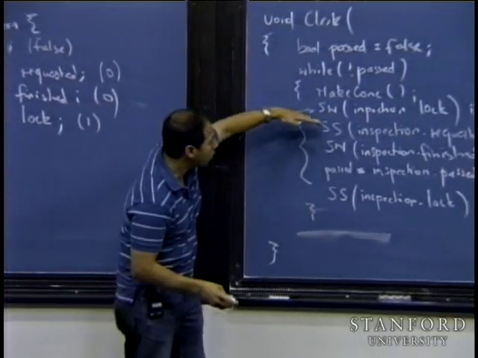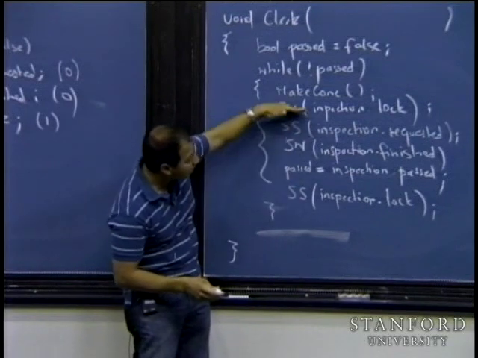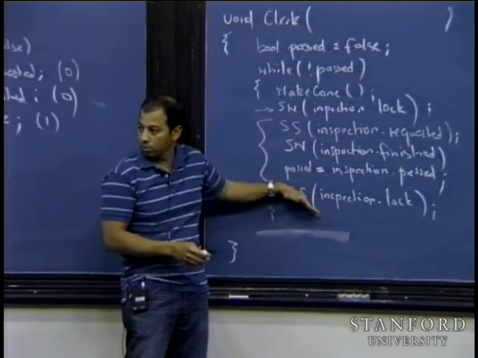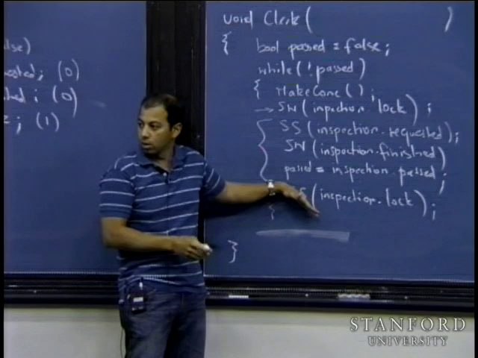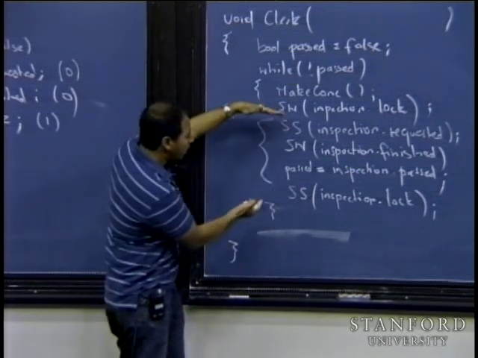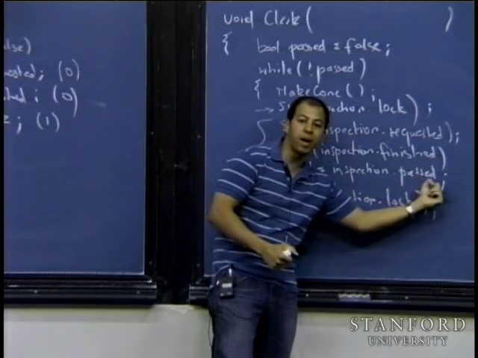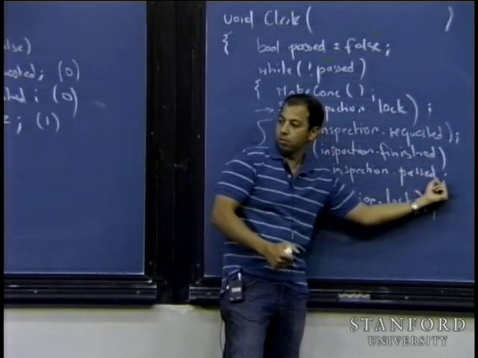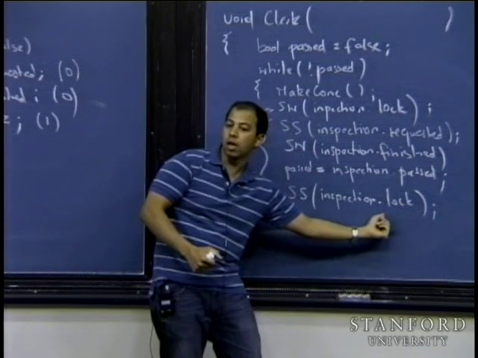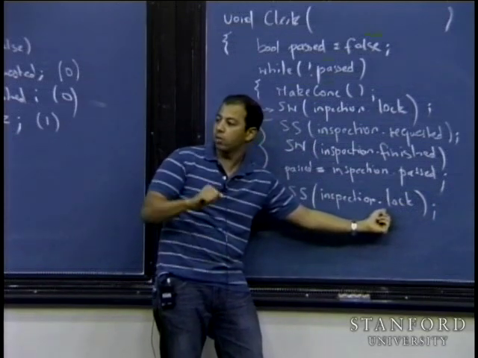But you have to ensure that no one else can be in that portion. So this lock ensures that you have this critical section in here. It ensures that you can read this passed before you release the lock and before any other clerk can be with the manager.